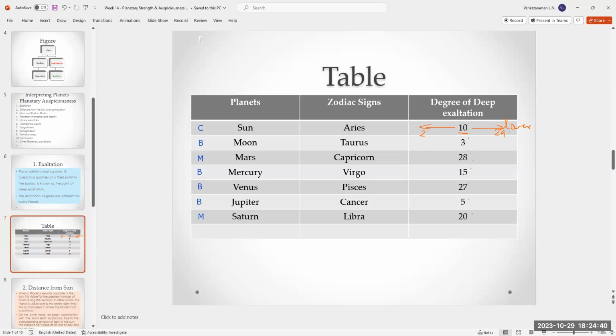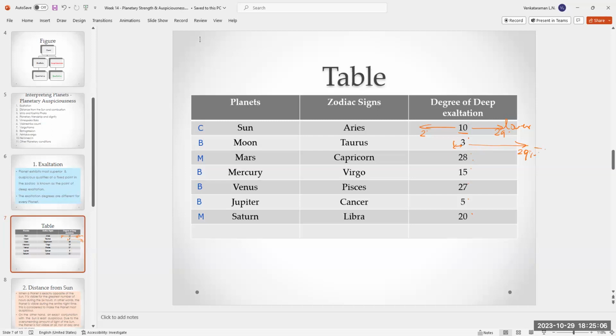So if it is very much away, then the strength gets lower. Further it is, lower it will be. Like for the moon, it is 3 degrees. The only scope here is 1 to 3, very close to 3. Either way, this will be strong. But the further you go, it's going to be less, 20, 29, 30 is going to be very less.